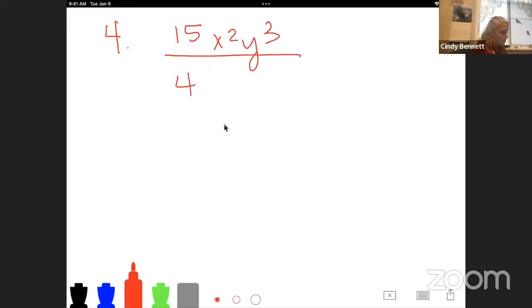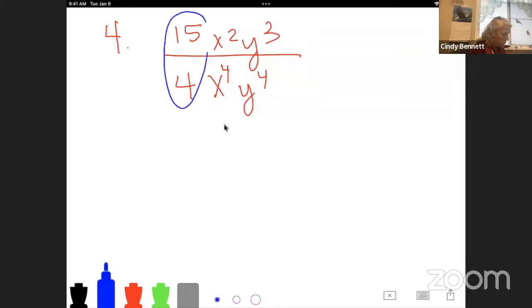So here we have division. Now we know that when we divide fractions, okay, this one right here is a 4. So 15x squared y cubed over 45x to the 4th. So each one of these, I'm going to reduce this. 15 divided by 45, that's what that is.